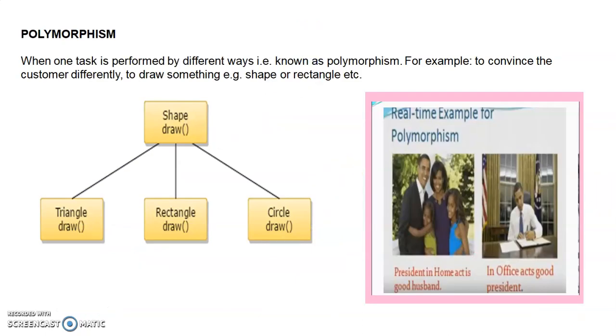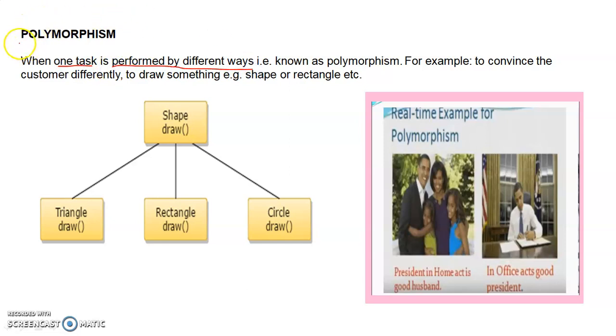Polymorphism. The next concept of object oriented programming is polymorphism. When one task is performed in different ways, it is known as polymorphism.